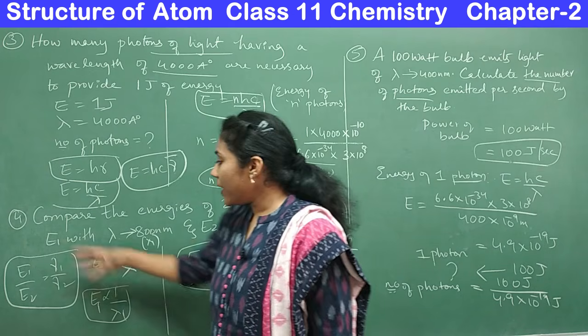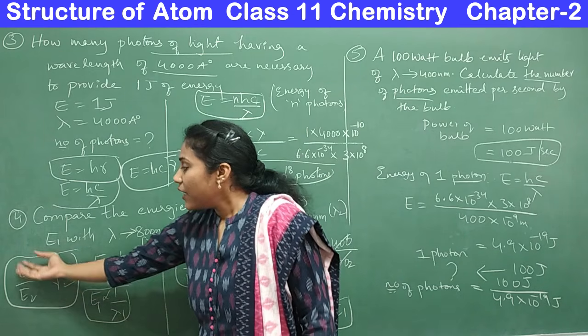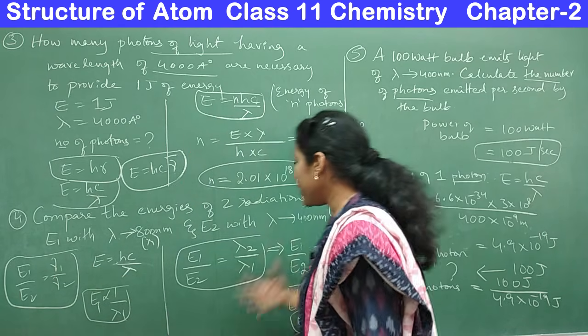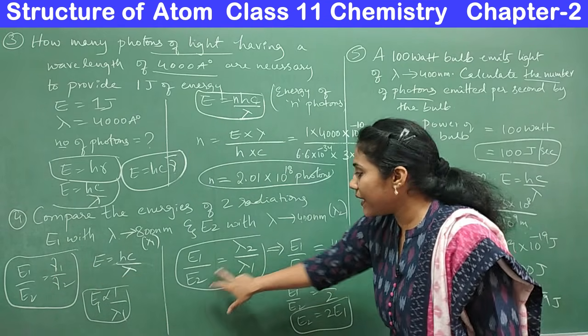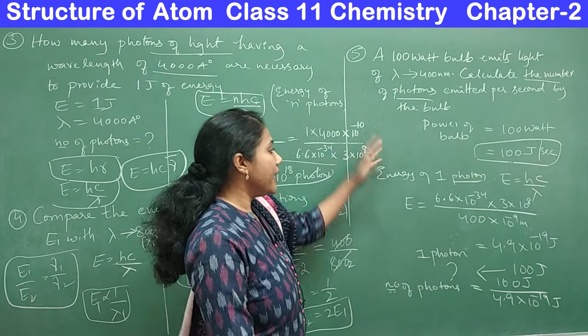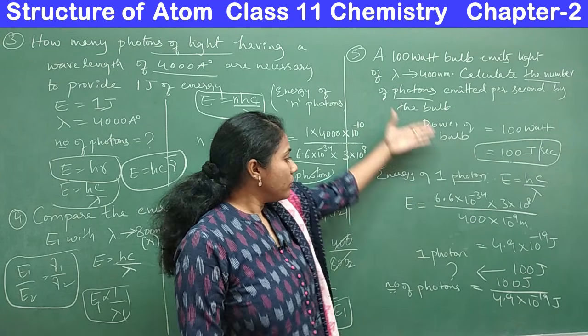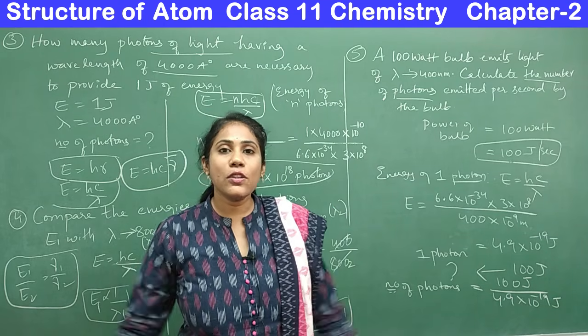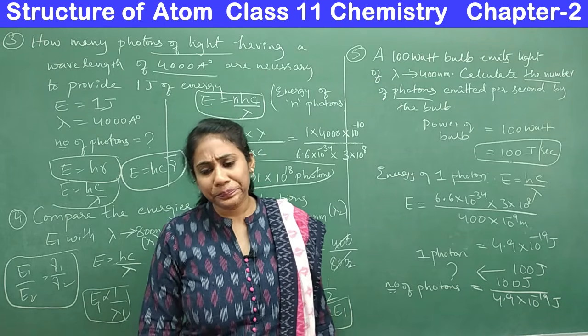And when they ask you ratios of frequency and energy, we know E1 by E2 is equal to nu1 by nu2 you can write. When they give you lambda, it's like E1 by E2 is equal to lambda 2 by lambda 1, right? And when they ask you something like the number of photons, this is the pattern you can follow. So this is all about today's video.